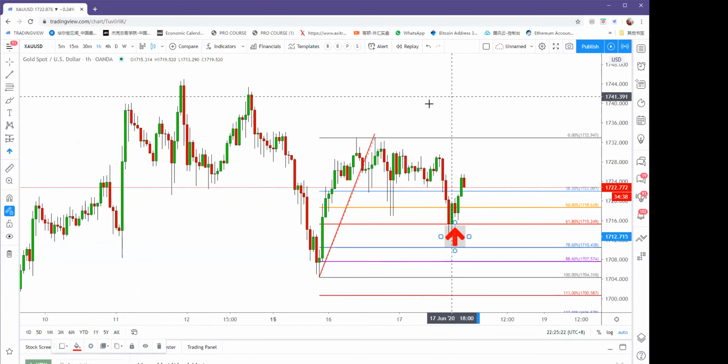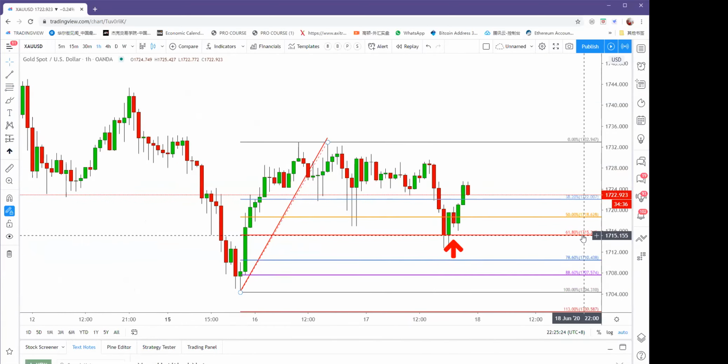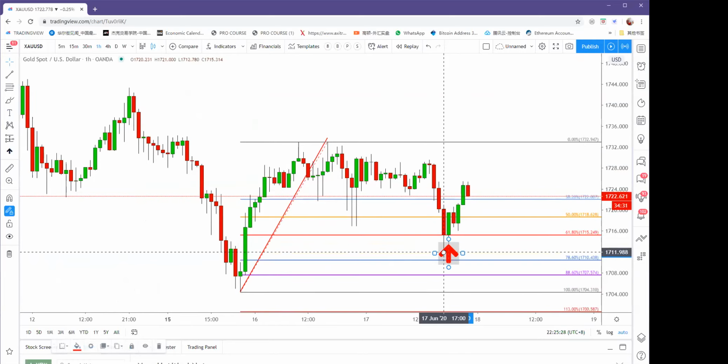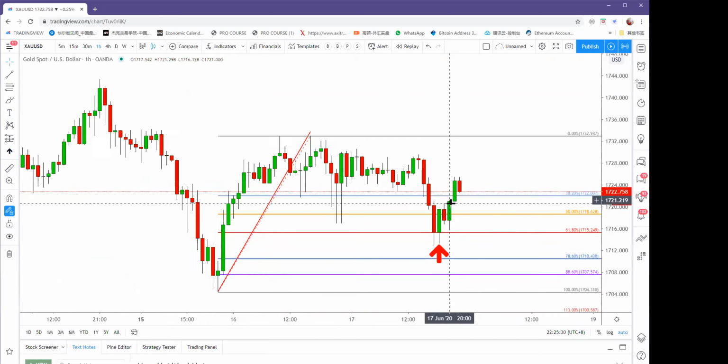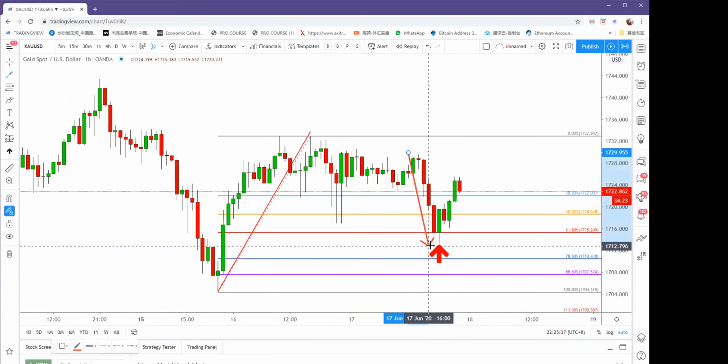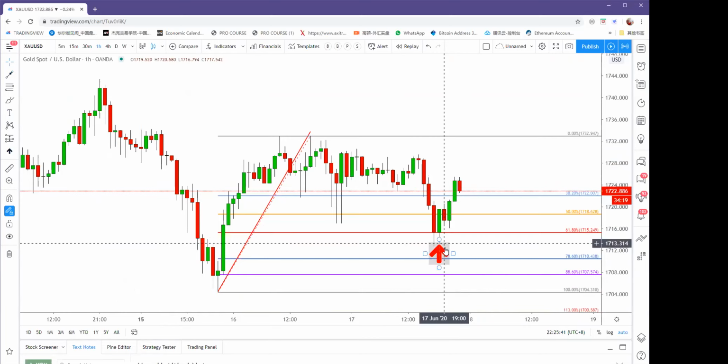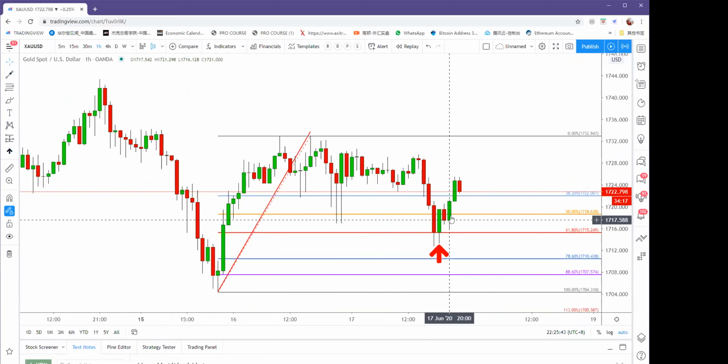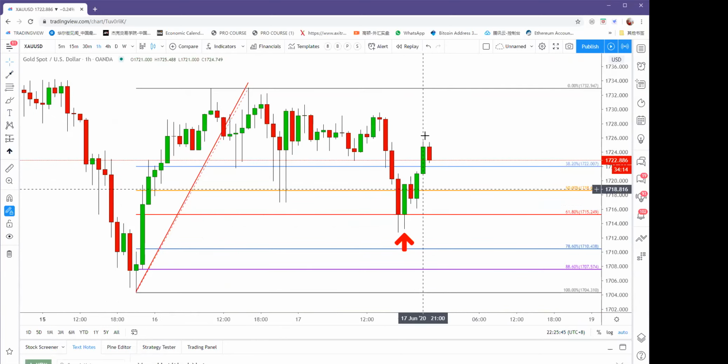So from this we can tell 1715 is a very nice support, right? Do you agree? For today, because today the price dropped back from 1729 all the way to 1715 just 4 hours ago, but it failed to break a new low and it started to go sideways and just rallied from these two candles.